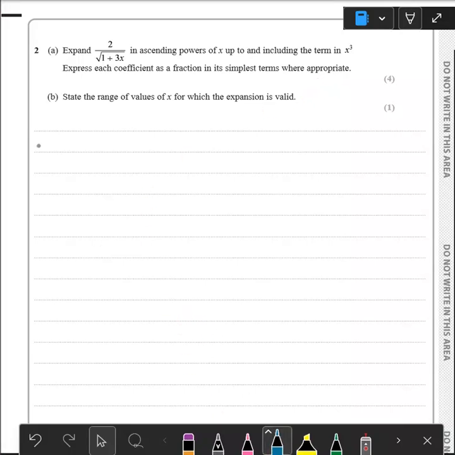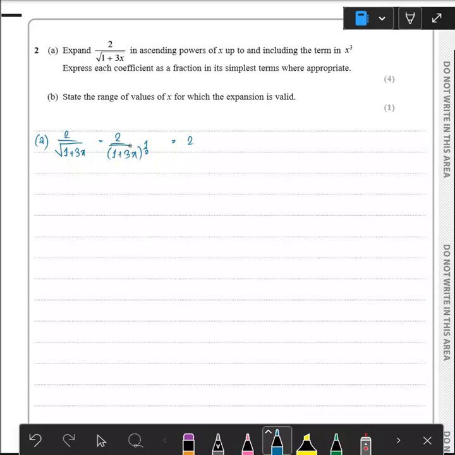So for part A, they have given us an expression which is 2 by root over of 1 plus 3x. This is a square root, so this can also be written as 1 plus 3x to the power half. Now, in order to expand this expression, it's better for us to take the denominator.